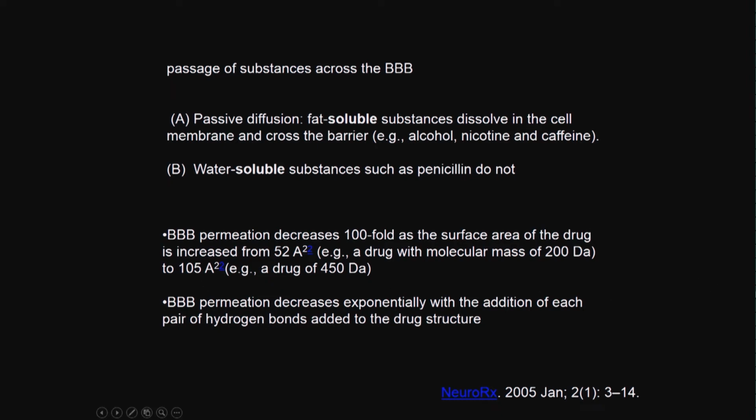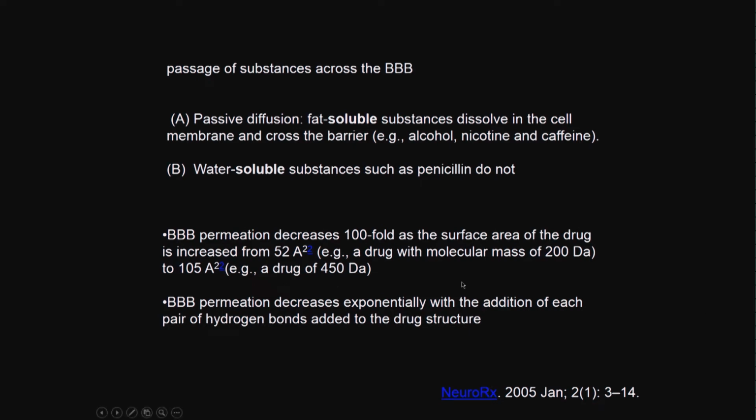For example, a drug with a mass of 200 Dalton may have a surface area of 52 angstrom, whereas a drug with 450 Dalton may have an area of 105 angstrom.